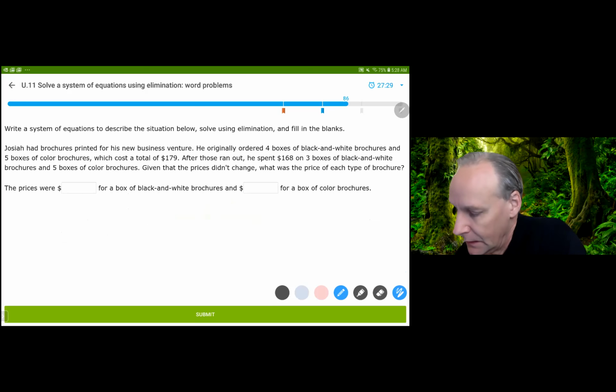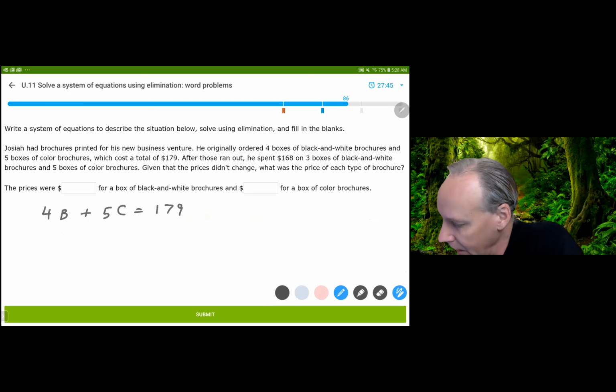Okay. Josiah is printing brochures. So 4 boxes of black and white and 5 color is 179, and 3 black and white and 5 color is 168.